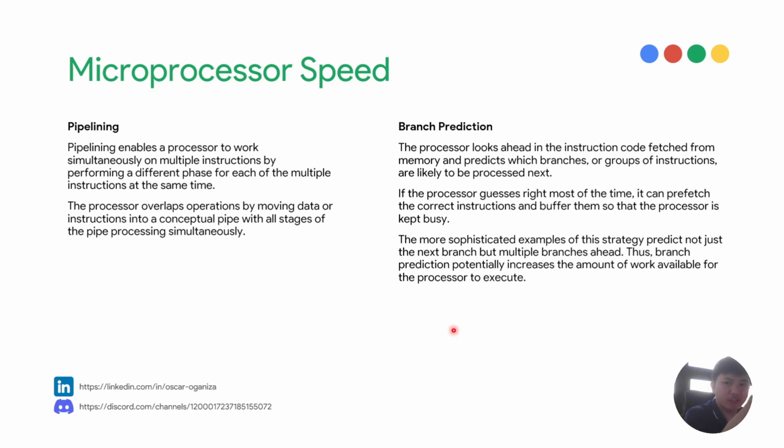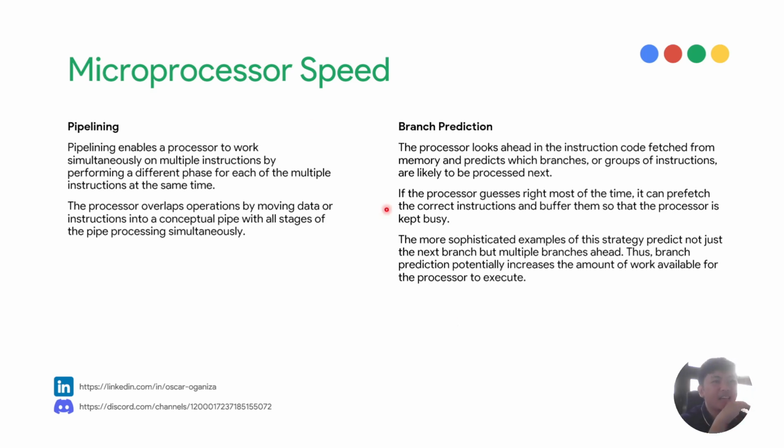So meaning, lahat ng instructions, regardless kung ano pa man yan, tatrabaho niya na sabay-sabay. Regardless ng phase 2, phase 3, phase 4, phase 5, kahit anong phase pa yan, ipapasok niya sa isang pipeline, diretso decode and execute na ng instructions yan.